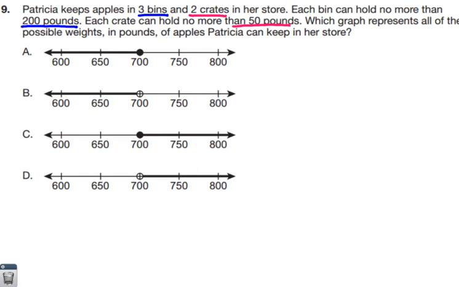So 600 pounds from the bins, because 3 times 200, and then from the crates, 2 of them at 50 pounds each, no more than 50 pounds in each crate. So that'd be no more than 100 pounds.